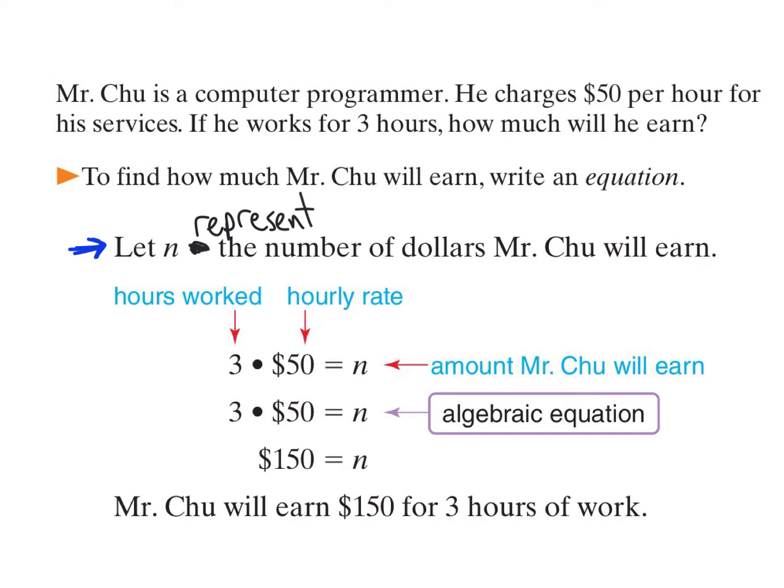I like to say represent instead of equals, so let n represent the number of dollars Mr. Chu will earn. And so 3 times 50 equals n. It is an algebraic equation because it has a variable in it. And if you multiply 3 times 50 would be $150.